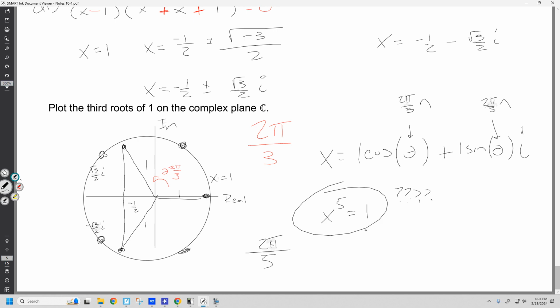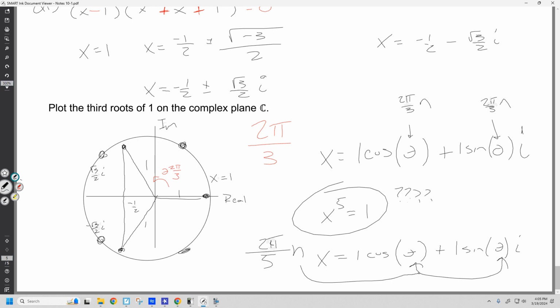But I will be able to say that all of my solutions will be the following, just with my angles being 2 pi split into 5 parts and multiples of those.